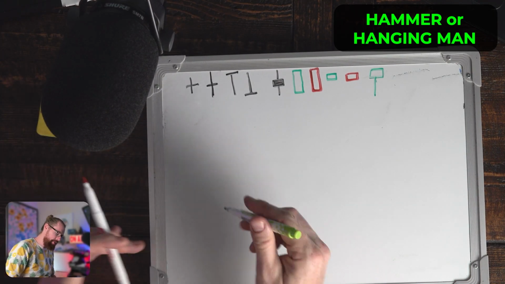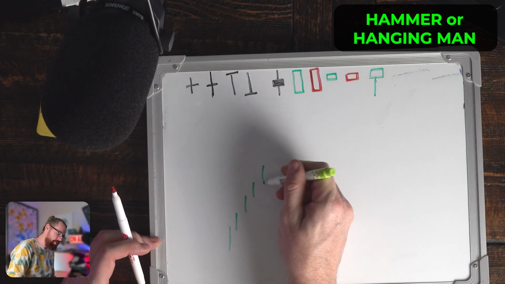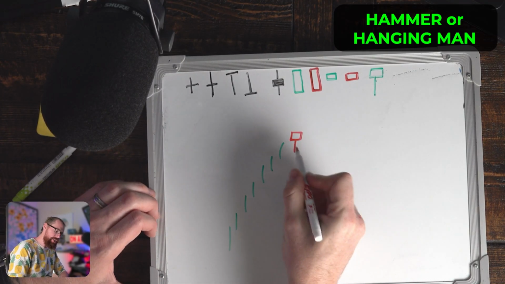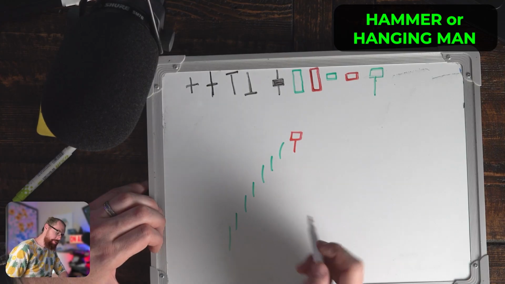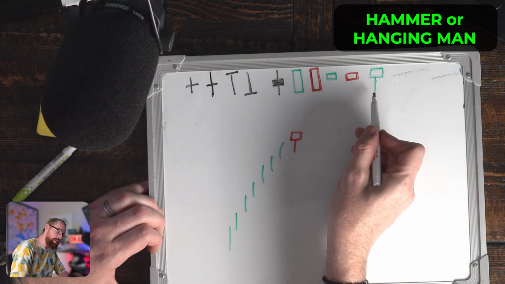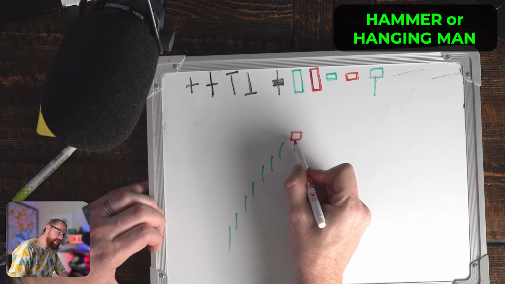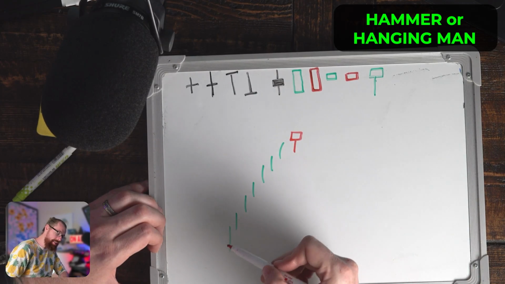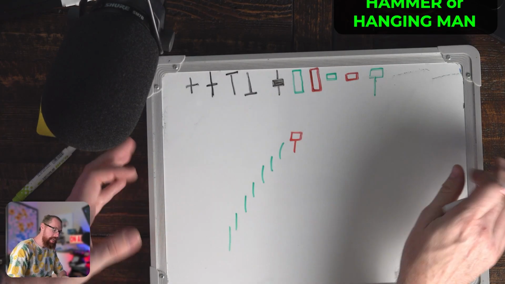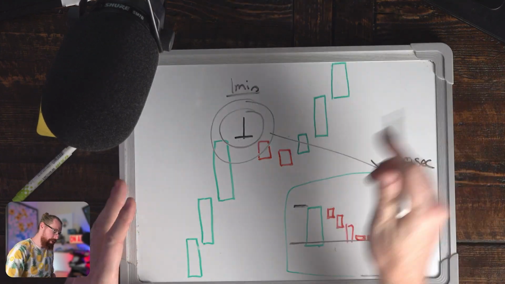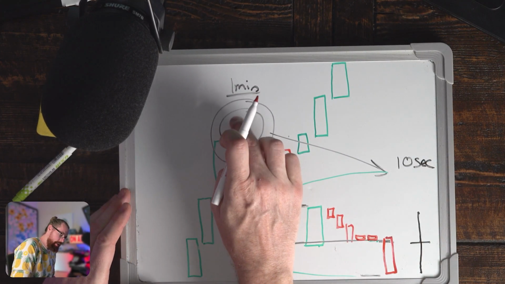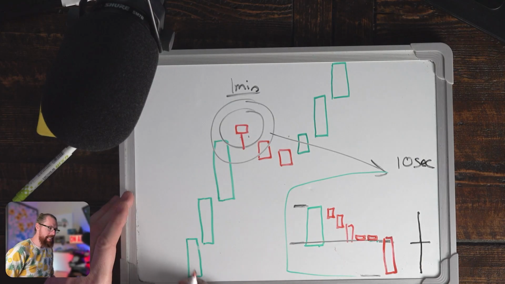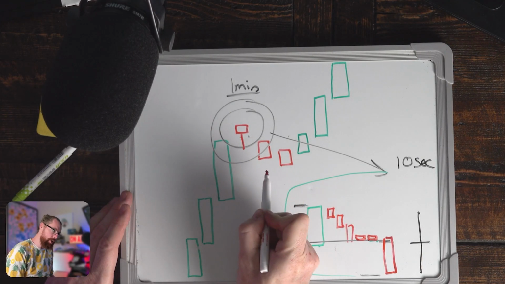Now, in the context of an uptrend, where you have a bunch of candles moving up, and then all of a sudden we have this little candle here, this starts to be a little bit more bearish because it's obviously showing there's a lower candle wick. So there was a degree of selling. Yes, it got bought back up, but in contrast to previous long body candles, it's not as strong. So if this, for instance, was the little red hanging man here, that would be an indicator for a possible short-term correction.